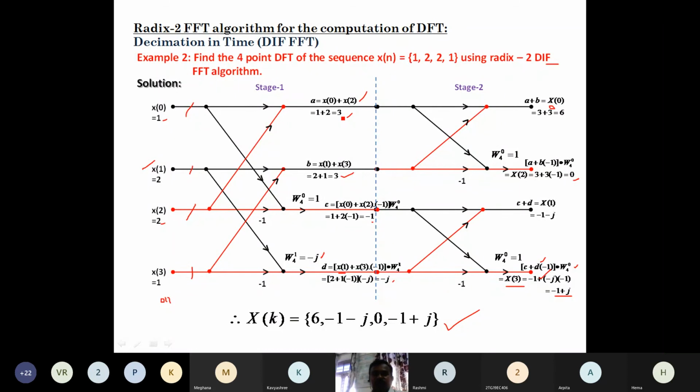I am using here the first stage outputs are A, B, C, D. You can take different ones, S1, S2, S3, S4. Here you can write S1 equal to X0 plus X2. S2 is equal to X1 plus X3. S3, S4 like that. You, in your understanding. Just put extra effort in this manner.